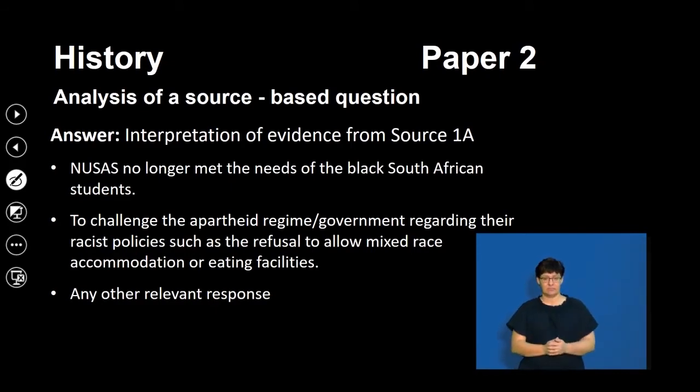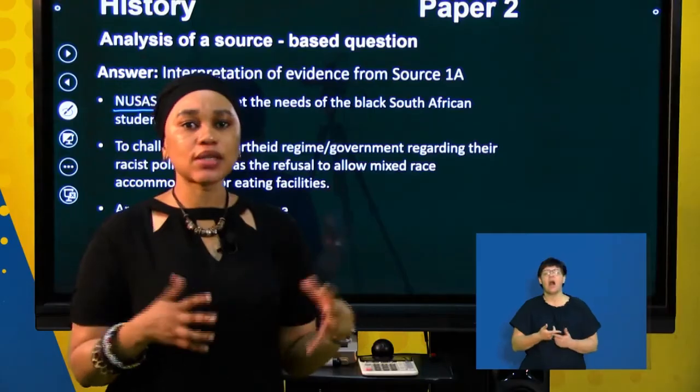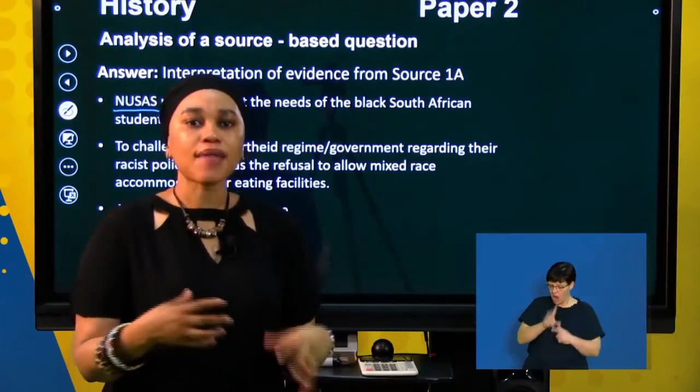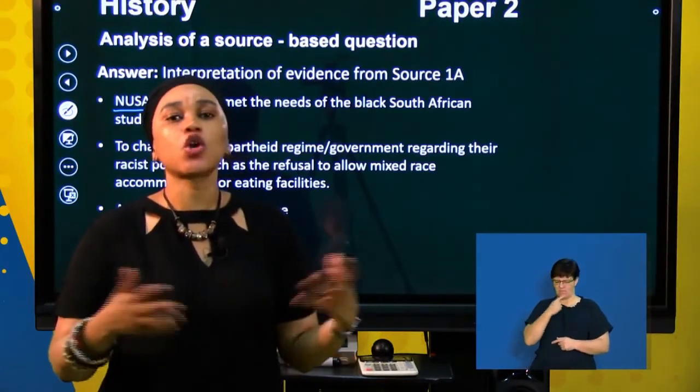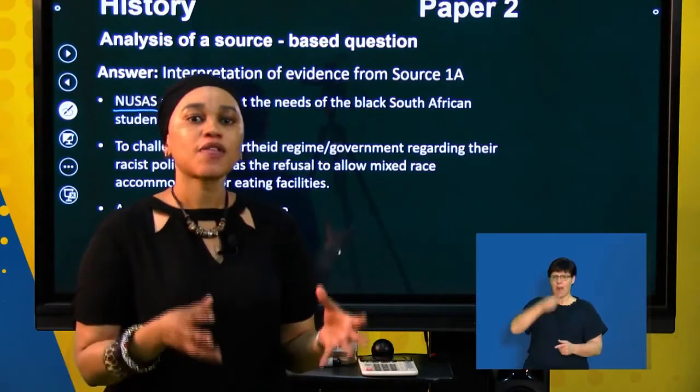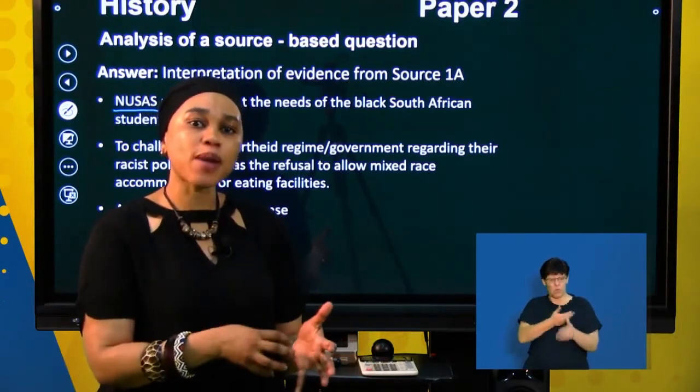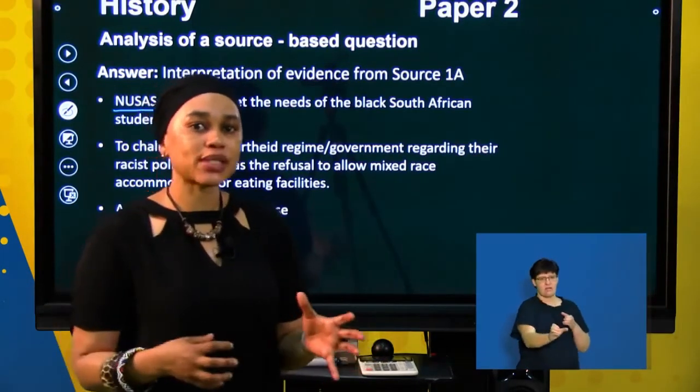Okay, carrying on. NUSAS no longer met the needs of the black South African students. This you can get from your own knowledge, because if you studied black consciousness, you will know that these students started as members of NUSAS, and they felt that NUSAS was no longer looking after the interests of black people. That is the reason why a group of black students broke away to form SASO.